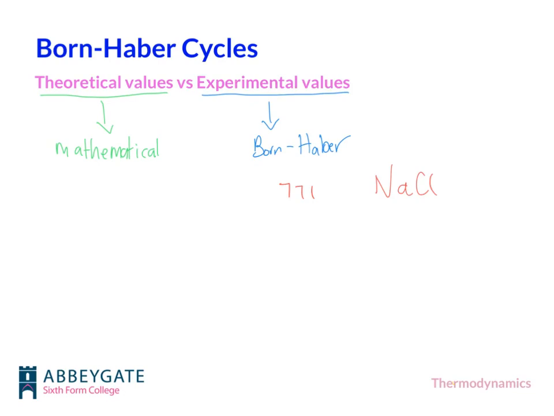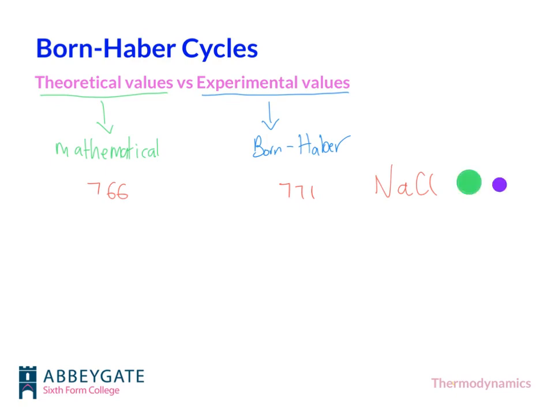And if you do a purely mathematical value based on Coulomb's law, then it comes out with a value of 766. So you can see they're actually quite close. There's not a very large amount of deviation, and that would suggest that both sodium ions and chloride ions are beautiful and spherical. So let's draw some nice spheres.